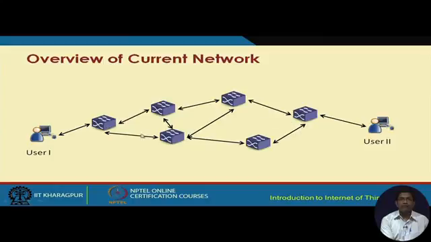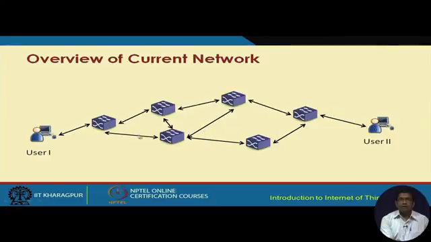So, what we have are different L3 switches like this, and maybe the data has to be sent from user 1 to user 2 and back. The data can be sent in different ways; these are the routes through which the data can traverse. One of the possible routes is like this to user 2.